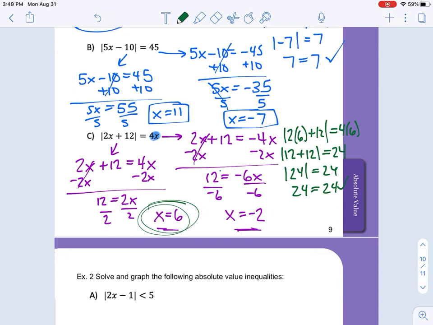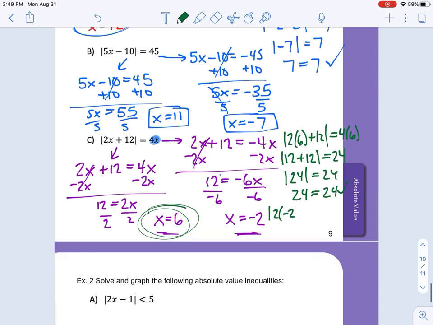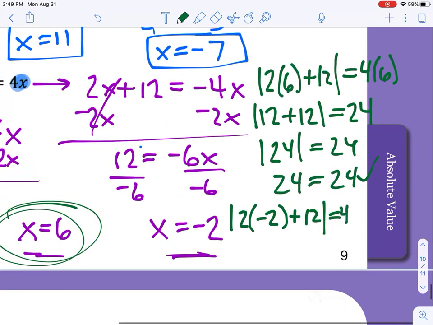How about if we plug a negative 2 in, though? Absolute value of 2 times negative 2 plus 12 equals 4 times negative 2.